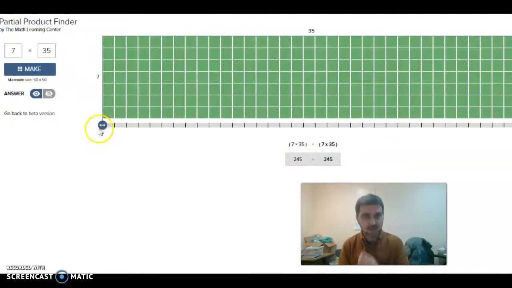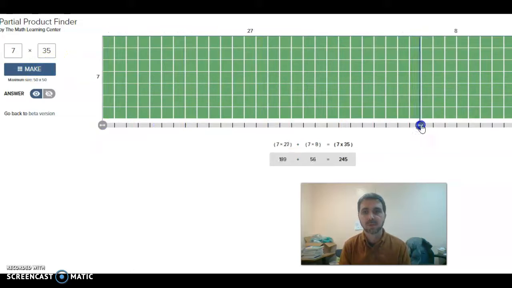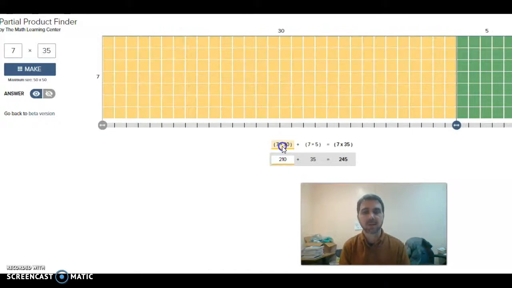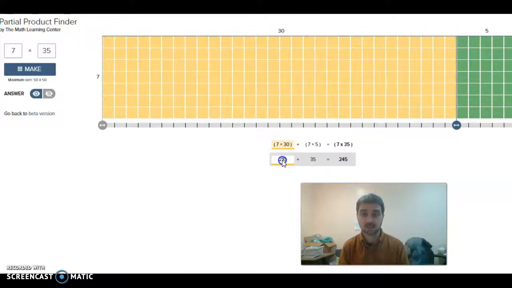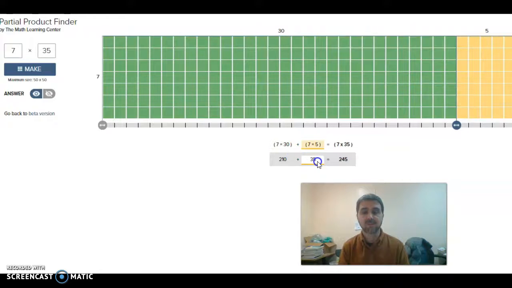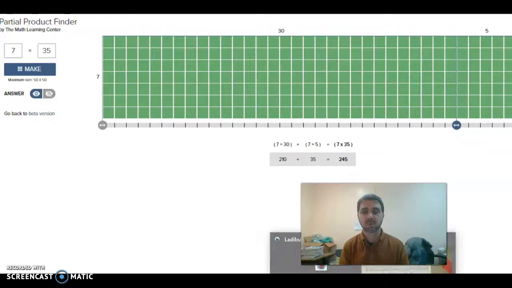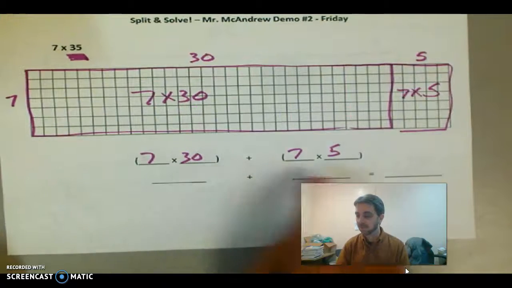Then if I drag my slider out to the 30, that's a big number, right? We can see it right there. There's 7 rows of 30. There's 7 rows of 5. 7 rows of 30 is 210. 7 rows of 5 is 35. And if you add those up, then you get 245. And that is what you would put on your paper.